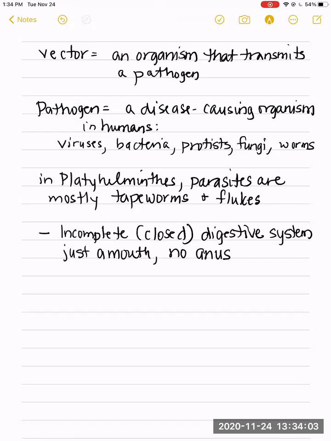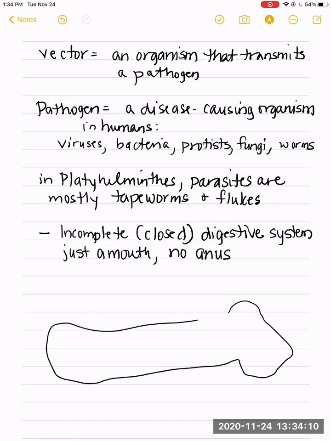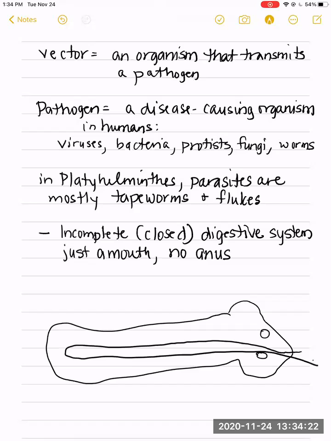What does that mean for this worm? So here's the worm. And food's going to come in through the mouth, and it's going to go through the gut, and then it has to come back out again. So food goes in and waste comes out.